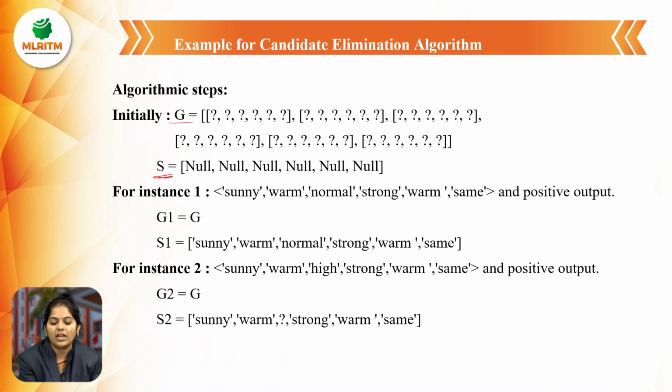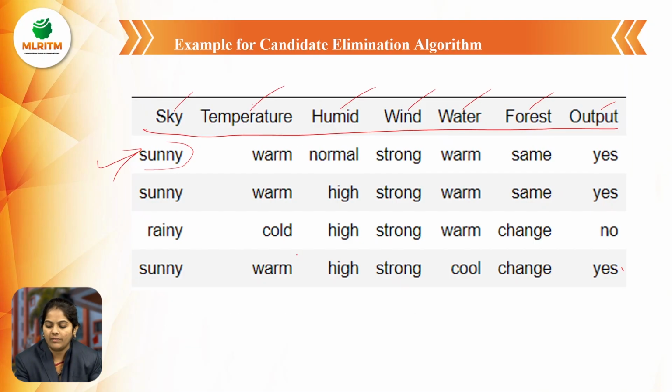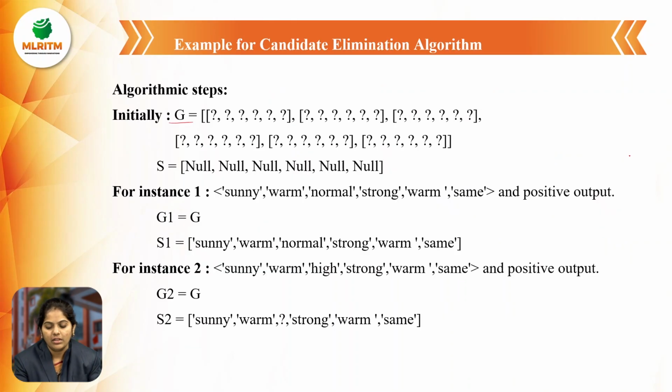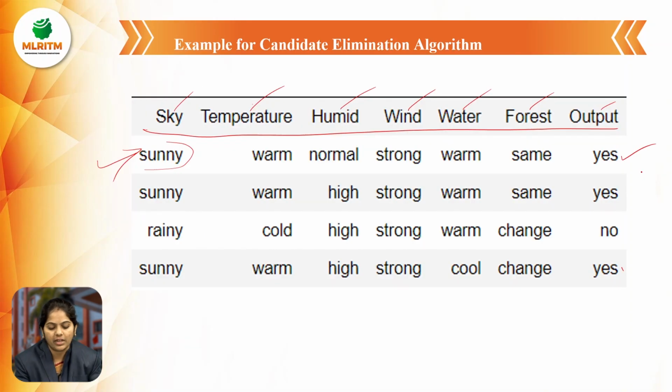The specific hypothesis comes with the same 6 attributes, and it will depend upon the number of attributes again. So for instance 1, we have taken first a positive example. Okay, so the positive example, right?